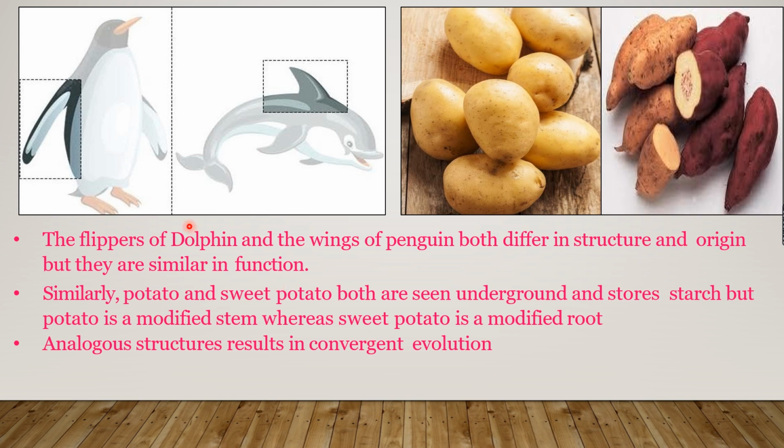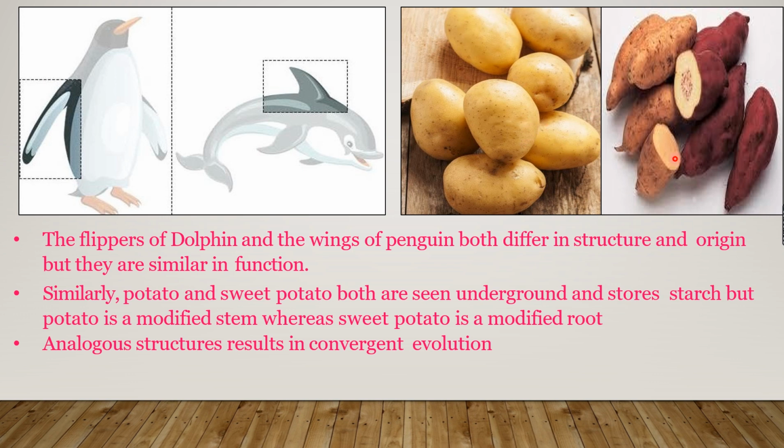And one more example. Here you can see the flippers of the dolphin and the wings of the penguin. Both differ in their structure but are similar in function, helpful for swimming. And here you can see a normal potato and sweet potato.